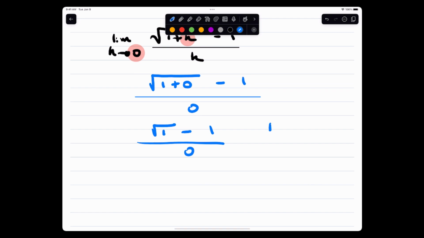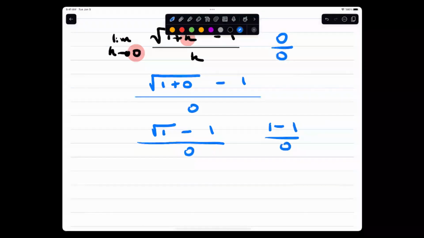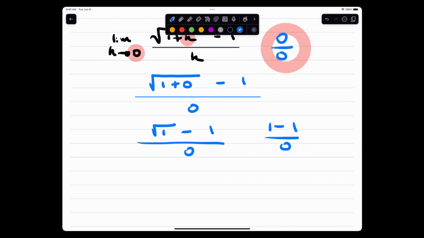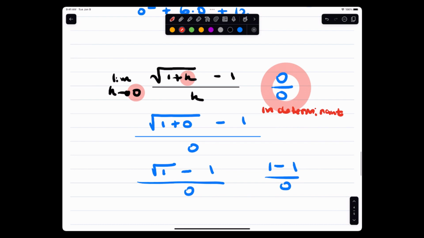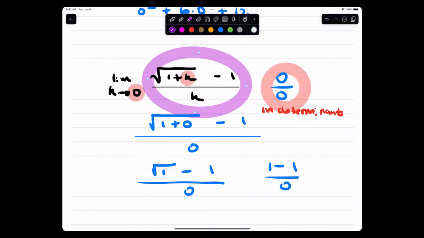And again, I get indeterminate. All right. And you go, oh my God, this is indeterminate too. You just got through sharing with me the idea of using what? Algebra.